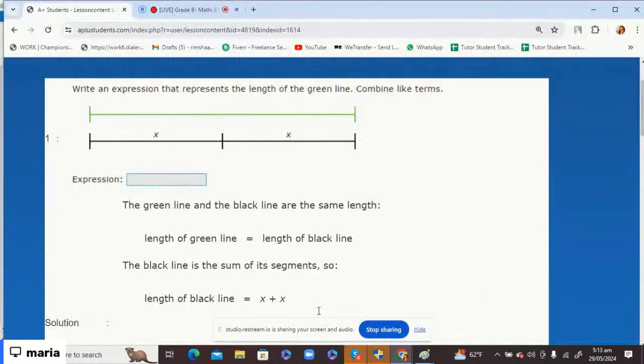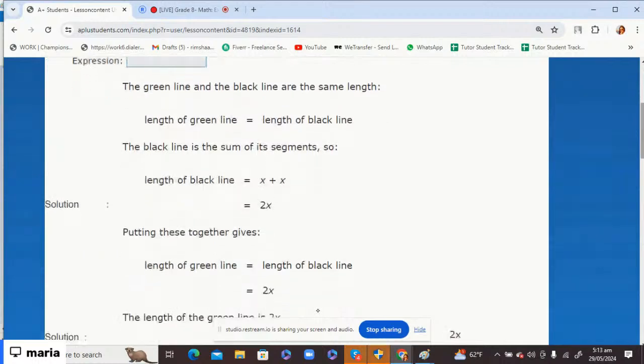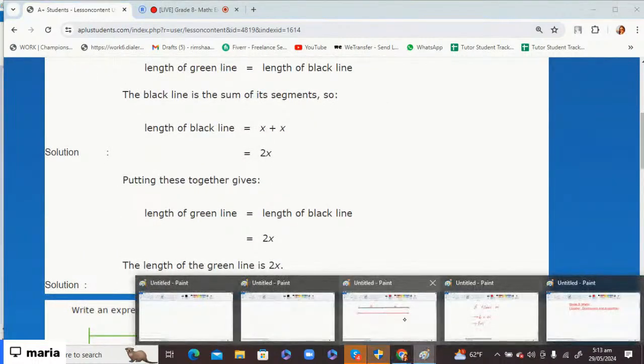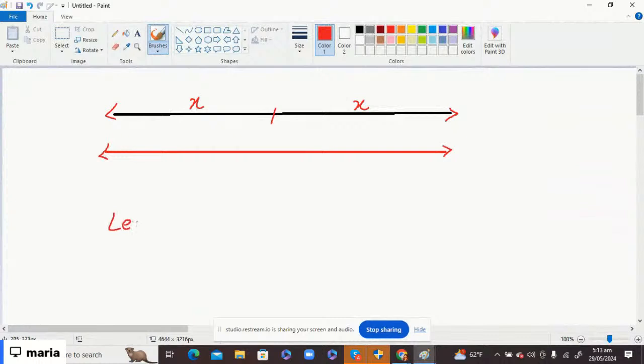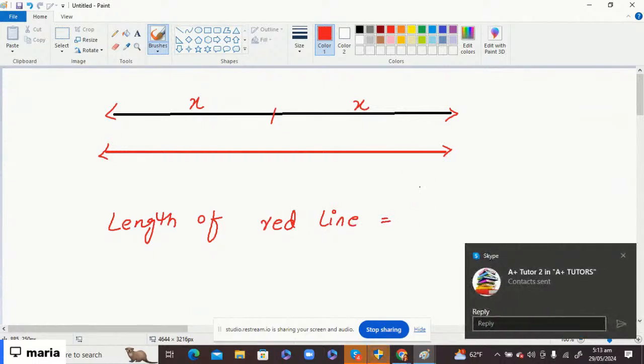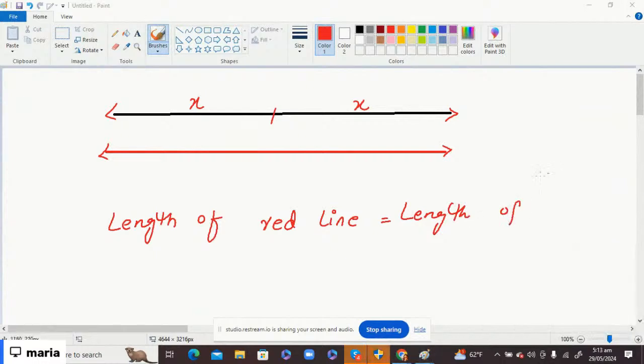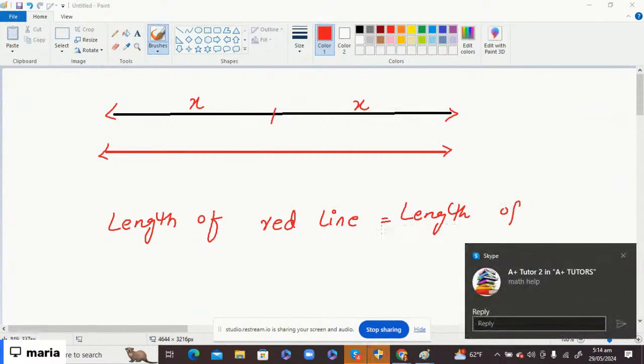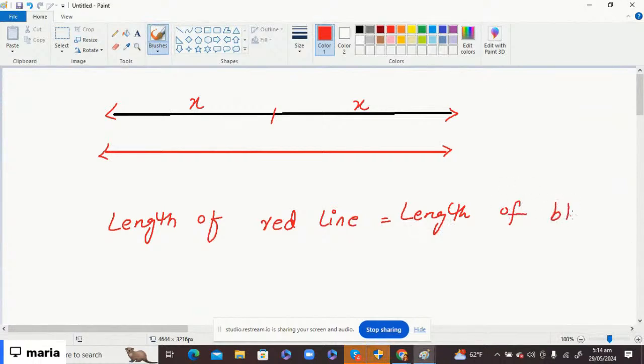Okay. So how can we find it out? We are just going to write the two lengths equal together and then check it out. First I'm going to write here: length of red line equals length of black line.